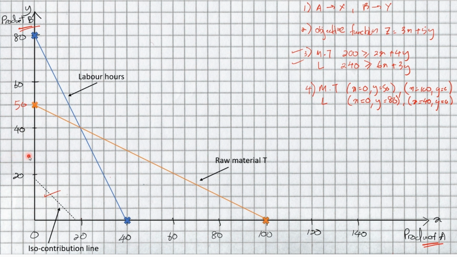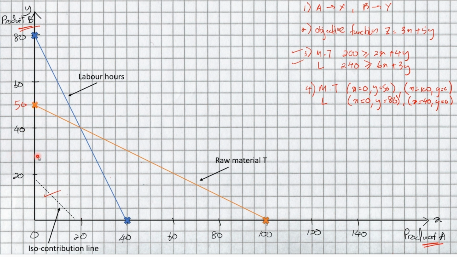We are coming from this side and we have two feasible points, which is the origin because the x and y axes are intersecting here. This is a feasible point. And up here there is another feasible point because the y-axis and the line for raw material intersect here.